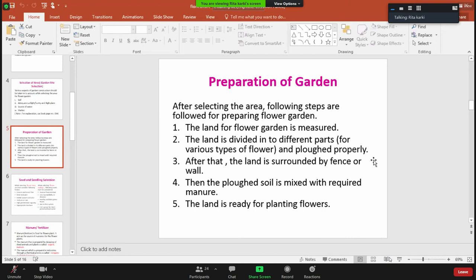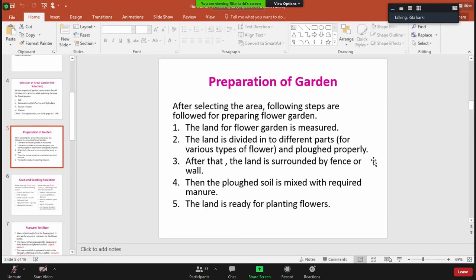Plowing is extremely necessary so that all the nutrients that remain inside the soil are mixed up well, so that the flowers can get enough nutrients while they are growing and developing. After dividing the land, plowing should be done, or it can be reversed. We can plow the land and then divide it into various parts for the growth and development of a variety of flowers.